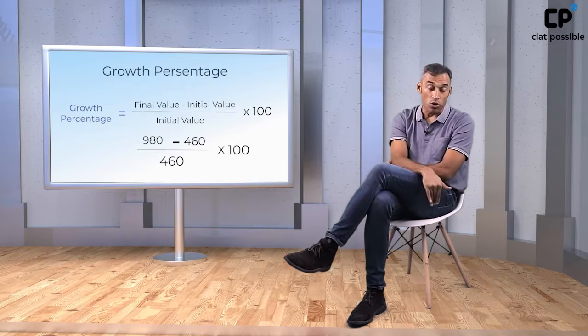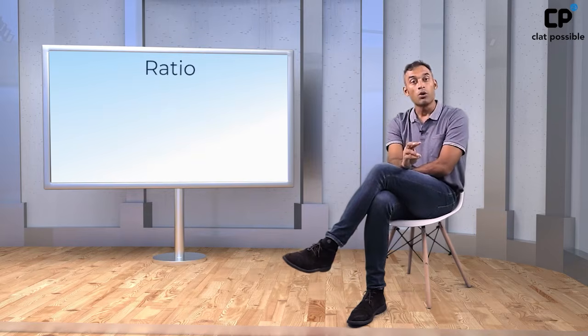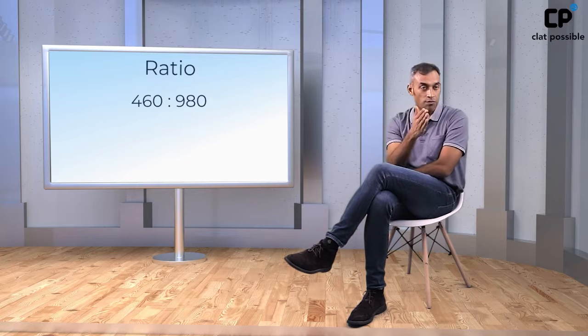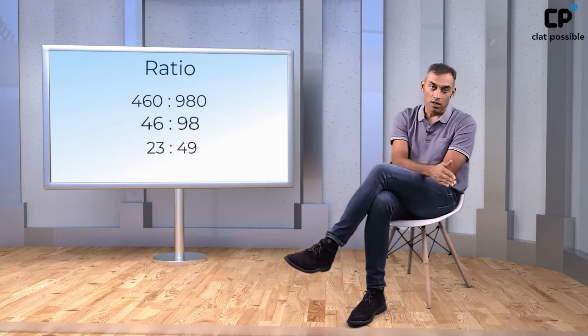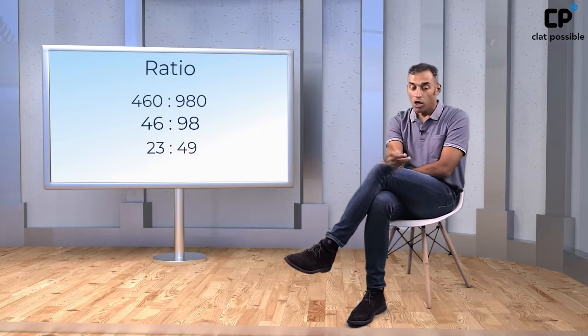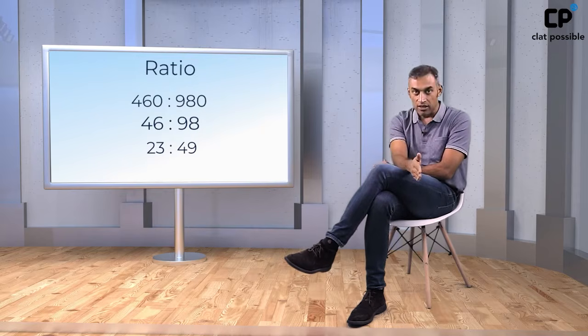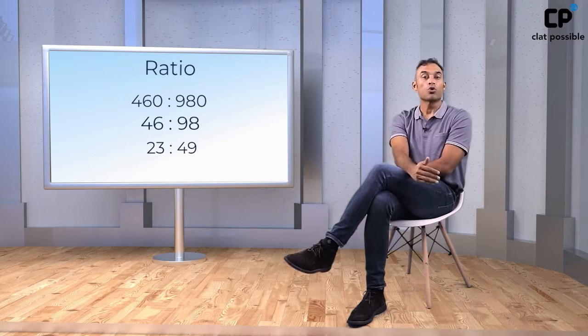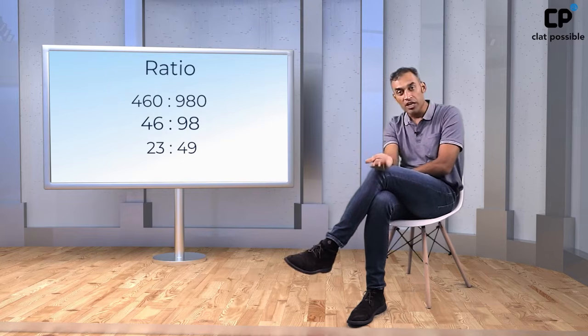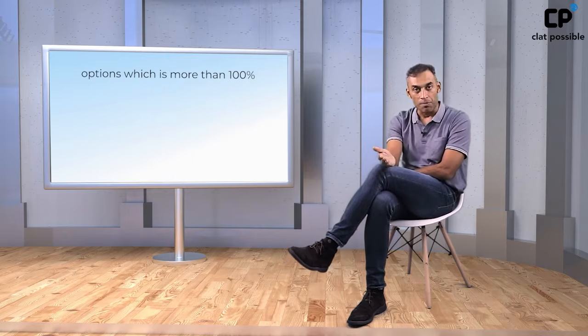The second way of doing the question is, I convert this into a ratio. So 460 has become 980, which is 46 has become 98, which means 23 has become 49. So what is my overall growth percentage? Now before I start calculating this, you can still look at elimination of options. What I mean by elimination of options is, I will only consider options which are slightly more than 100%.